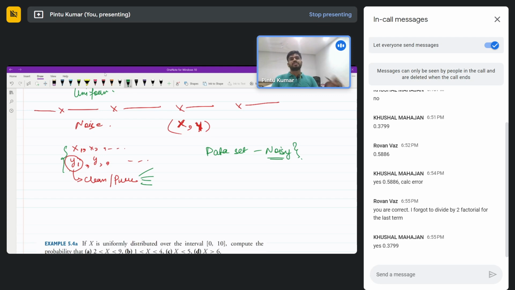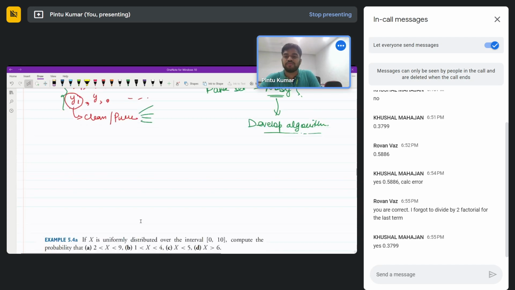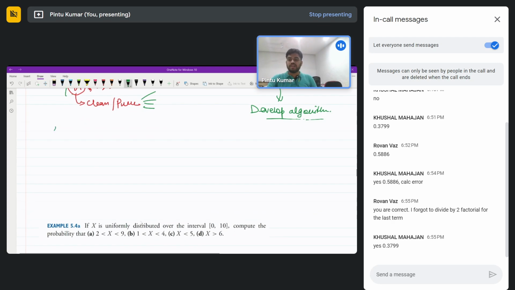Now because your data set has noisy labels, you want to develop algorithms which work well with noisy label data sets. The example I'm going to give you is related to a particular model of noise known as symmetric label noise. If you get some data from a real-life scenario, you don't know whether that data is noisy or clean, right?